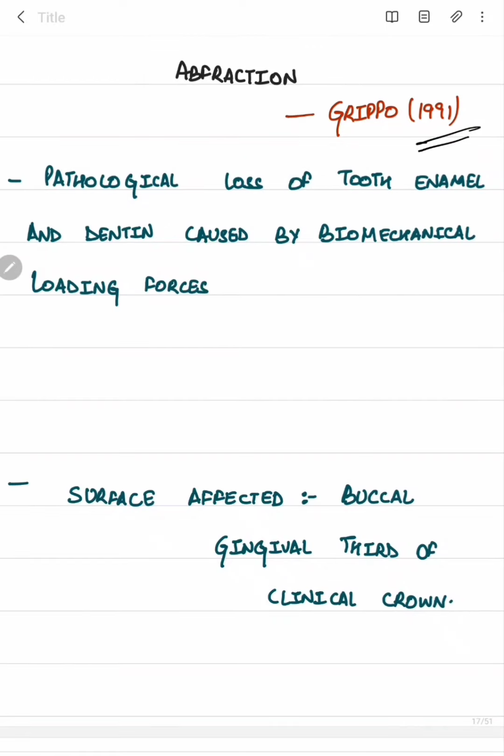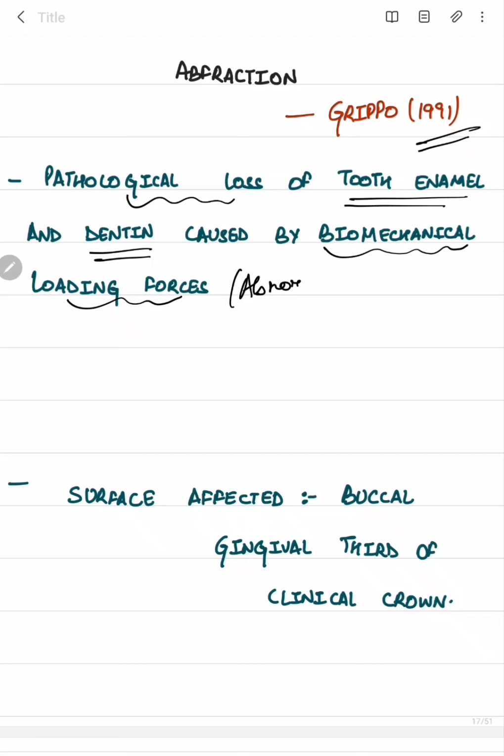So this term is basically a hypothetical term because its etiology is not yet supported, right? Abfraction by definition is pathological loss of tooth enamel and dentine caused by biomechanical loading forces, or you can say abnormal occlusal forces, right?